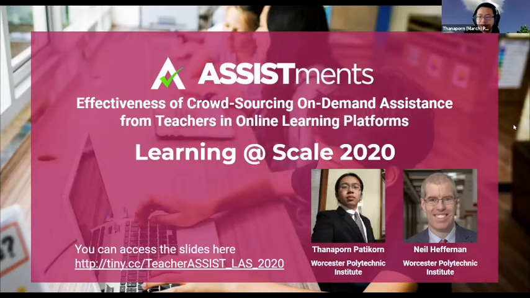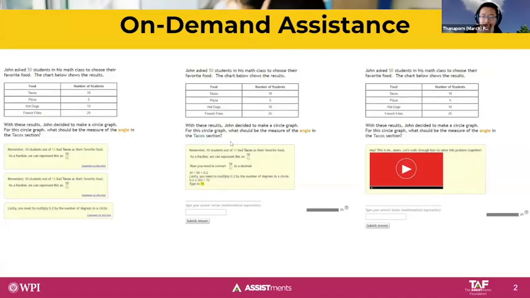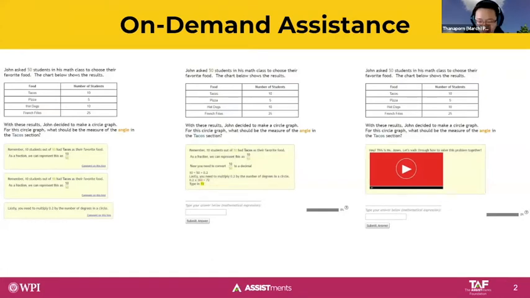So first of all, in this paper, I use the term on-demand assistance to cover a lot of things. In general, the term is used to describe the type of help or tutoring that is provided to students when they work on online tutoring systems such as ASSISTments or Mastering Physics.